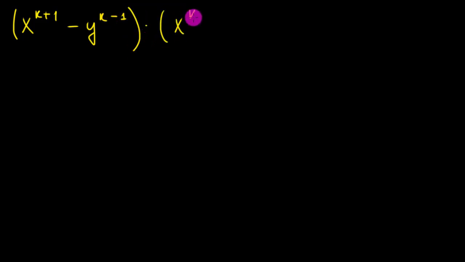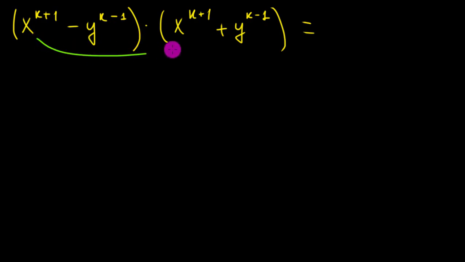Let's say this one, x to the power of k plus 1 minus y to the power of k minus 1, times x to the power of k plus 1 plus y to the power of k minus 1. So what do you do here? You, as usual, do the same process.